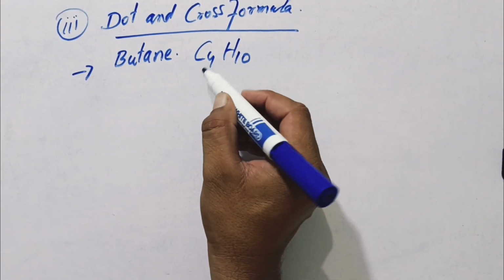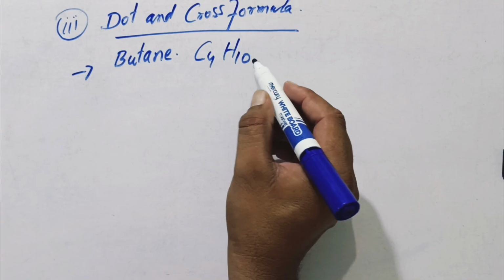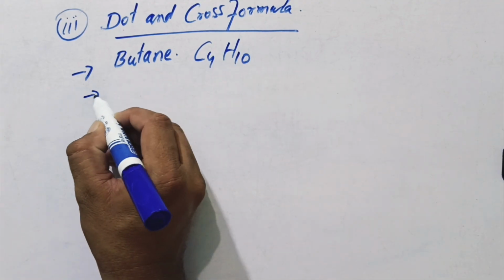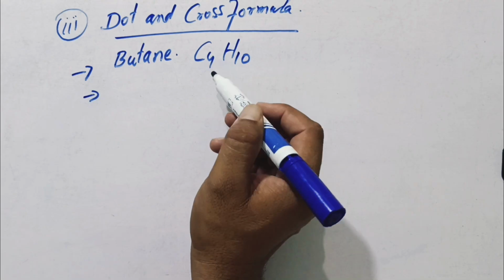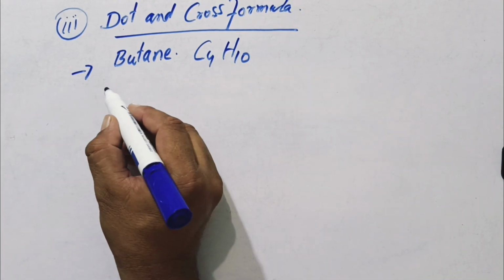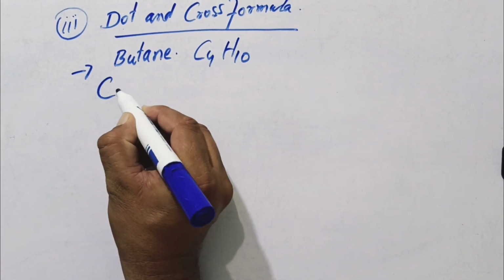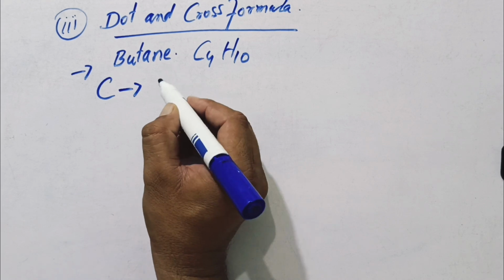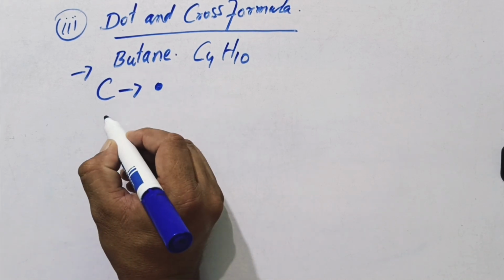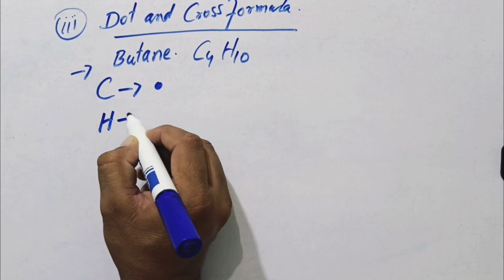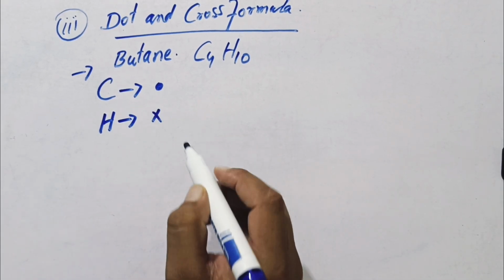For writing the dot and cross formula, first we will select the dot and cross for each atom. That is, for carbon atom we select the electron of carbon atom by dot, and we select the electron of hydrogen atom by cross.